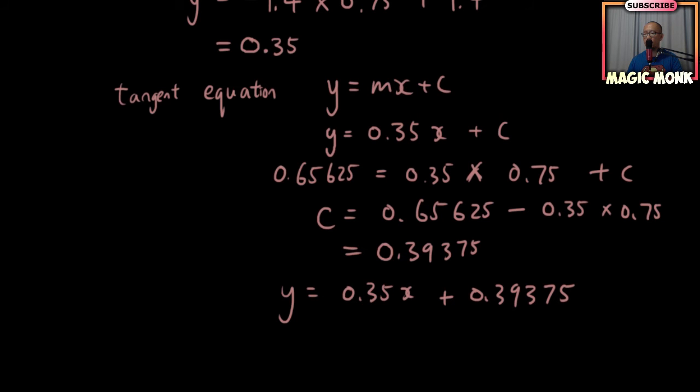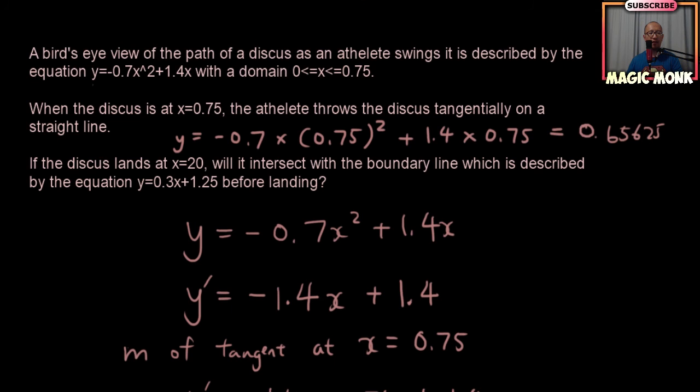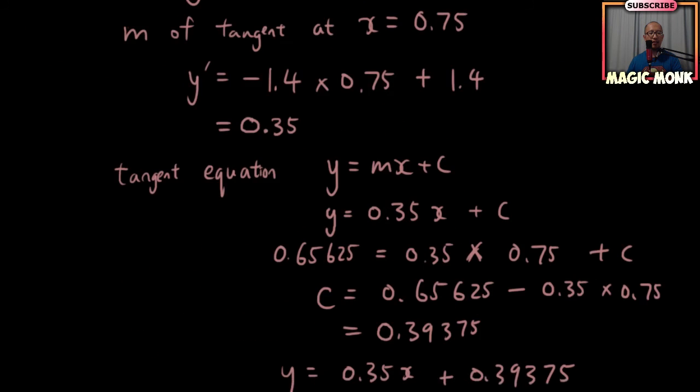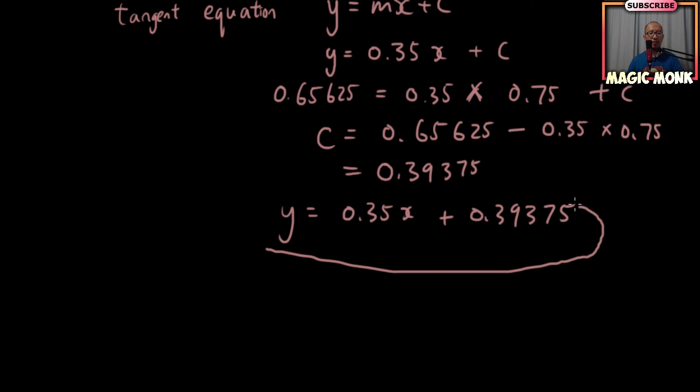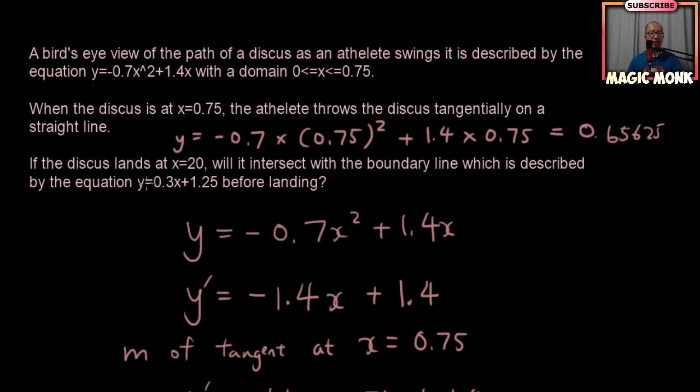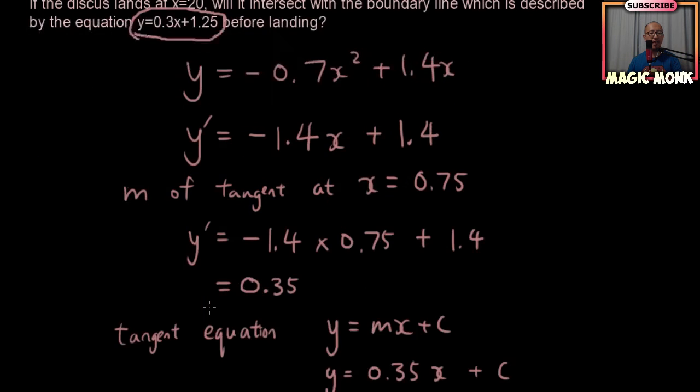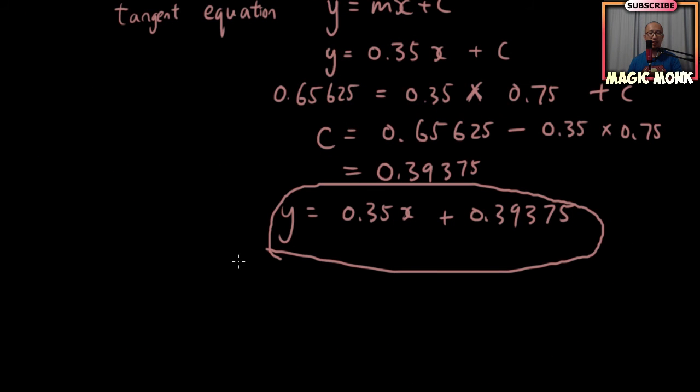So now that we have the tangent equation, I'm just going to find the intersection between the tangent line, which is this line here, and the line of the boundary, and see where they intersect. So I'm going to put in 0.35x plus 0.39375.